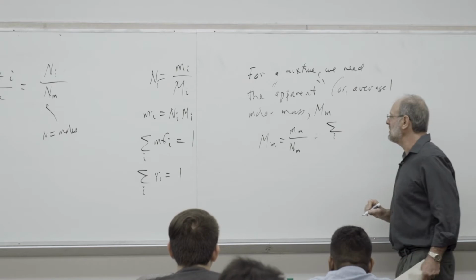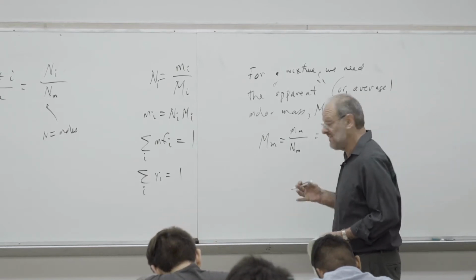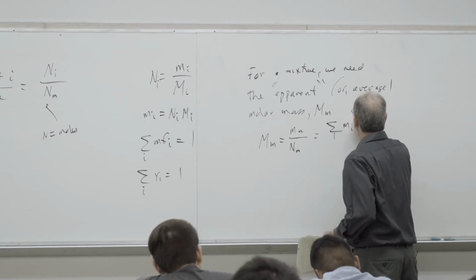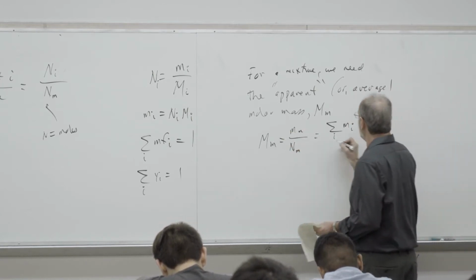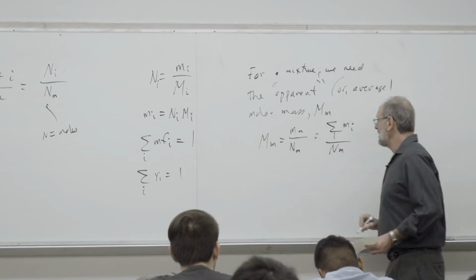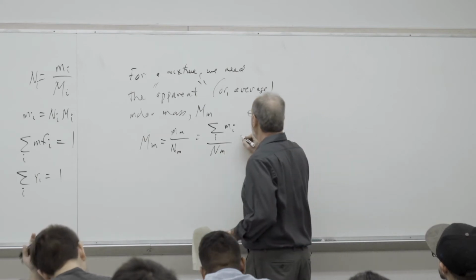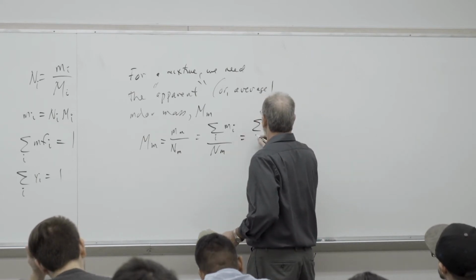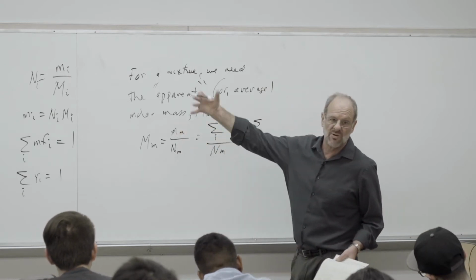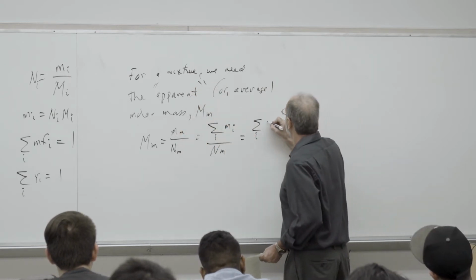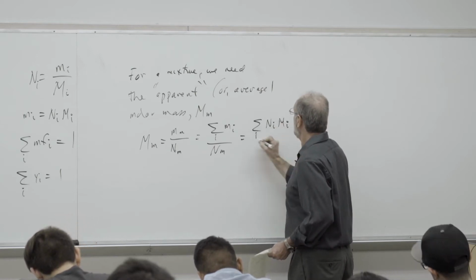Okay. So now we can fiddle with this equation a little bit. We would note, of course, that the sum over all the components of the individual masses is going to have to equal the mass of the entire mixture. So we can substitute that into the numerator. Furthermore, as we sum over all components i, the mass is just the number of moles times the molar mass. So we can also write this as N_i times M_i.